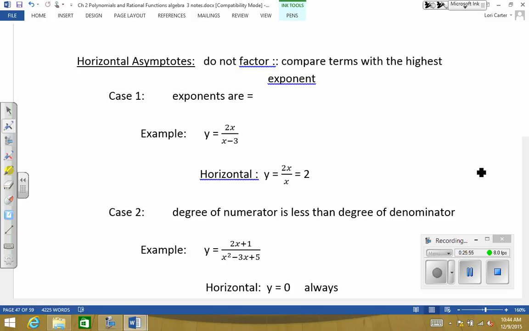On the bottom, what's more important, the x or the -3? X, so I ignore the -3. It's the same for the horizontal, not the vertical. So I have 2x over x. Does that reduce? Yes, because the x's cancel. My horizontal asymptote is 2. That's the exact same answer you get when you do the long method.